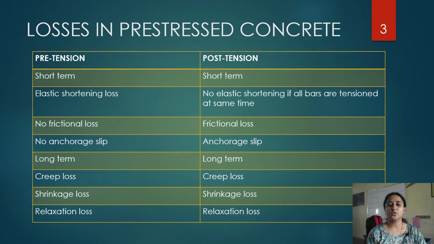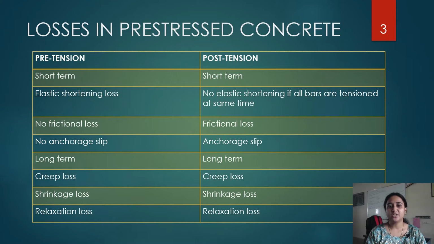And there are some long-term losses which are because of constant load, which happen afterwards, once the concrete gets its desired shape and strength. In pre-tensioning and in post-tensioning there are both short-term and long-term losses. So we'll see them one by one.